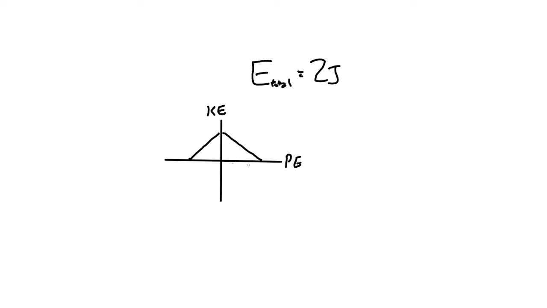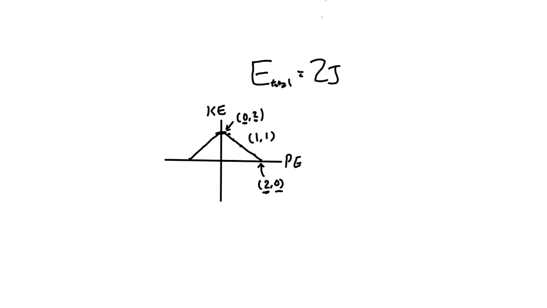Then this point is going to be 0, 2, where we have 0 joules of potential energy and 2 joules of kinetic energy. For this point, it's going to be 2, 0, with 2 joules of potential energy and 0 joules of kinetic energy. And this point will be 1, 1, and then we can have multiple other points.